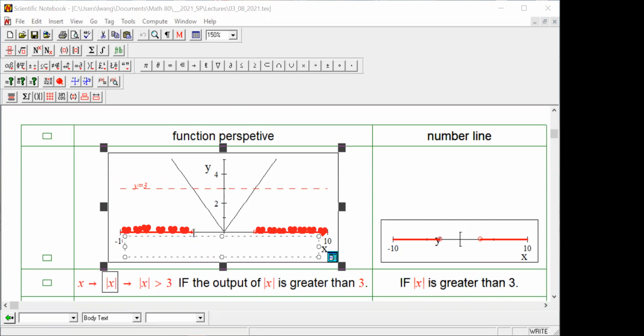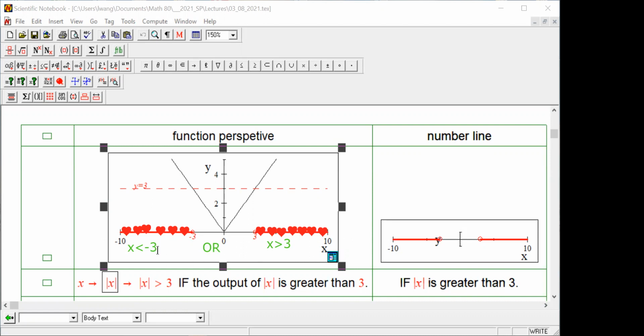So this piece of interval will be expressed as x less than -3, and this other piece will be expressed as x larger than 3. You can see these two categories do not overlap, and in between them should be separate, connected by or.